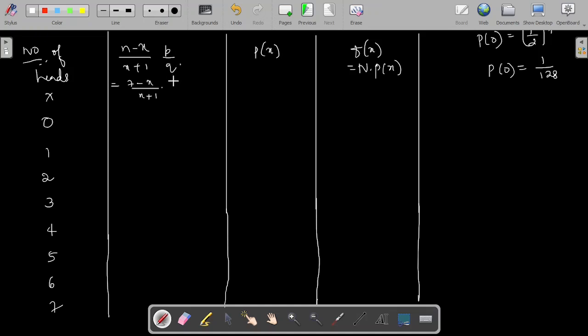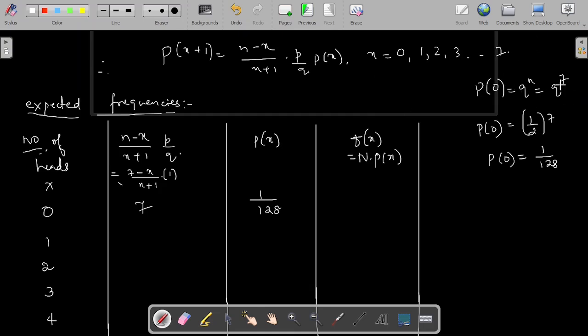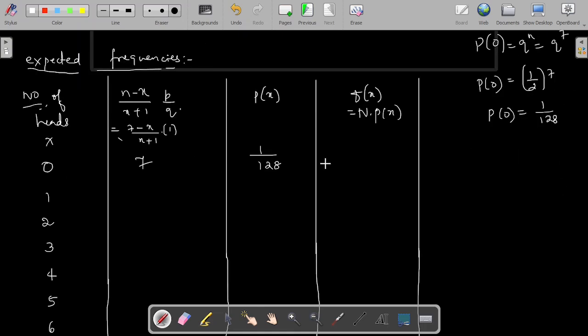P is half and q is half, so p by q is nothing but 1. Put x equal to 0 in the first case, so you get 7 by 1, which is 7. Then P of 0 is 1 by 128. Next, f of 0 is n into P of 0, that is 128 into 1 by 128, which is 1.